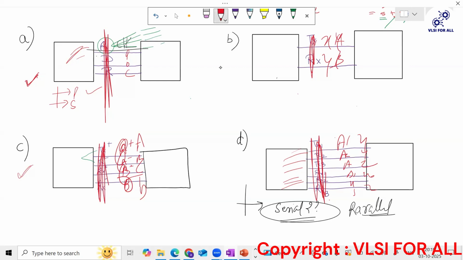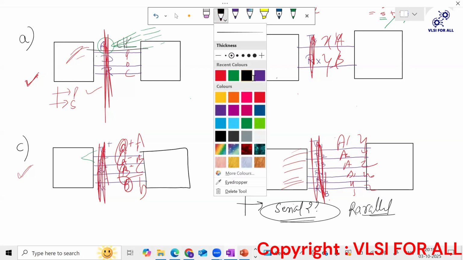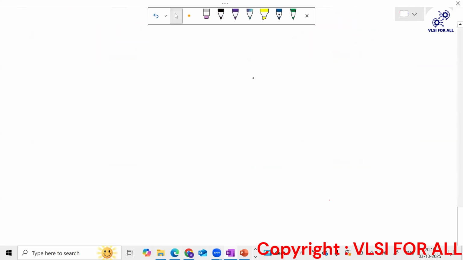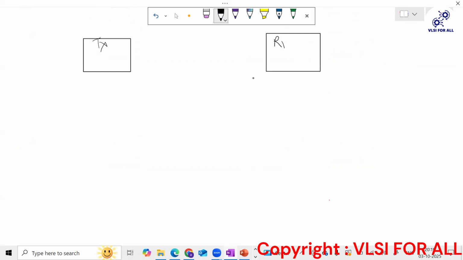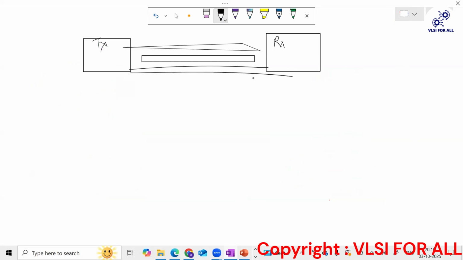It's not like that. So now let me tell you, if you are having any TX and any RX, and you have any signals, forget about the number of signals or names of signals, S1, S2, S3. You have one clock, and forget about whether the clock is part of that channel or not. ये भी भूल जाइए.